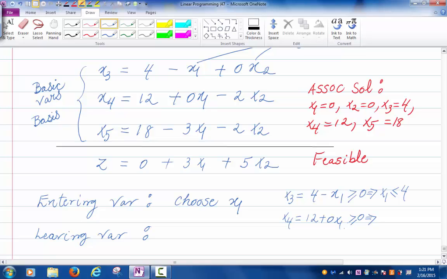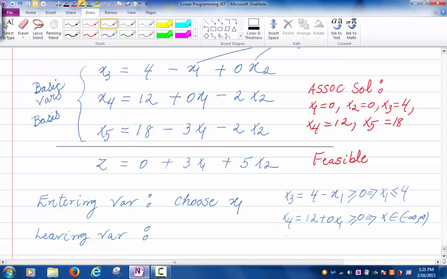What can I say about x1 here? It could be anything because the coefficient is 0. It doesn't matter how big or small I pick x1, the value of x4 is always 12. So x1 could be anything. It doesn't give me any bound for x1.